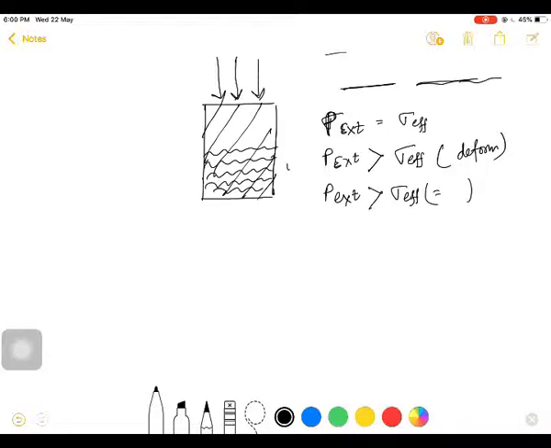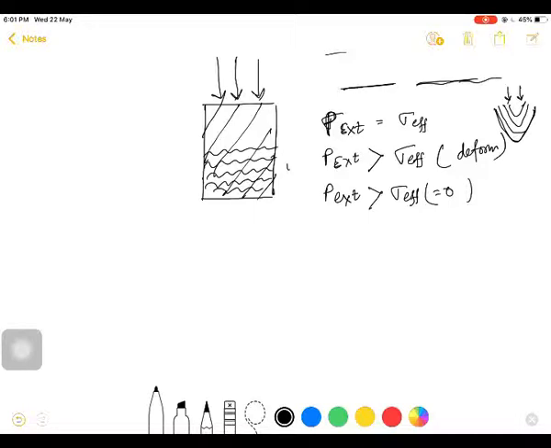Then what will happen? Applying your common sense, when you are applying load, the soil starts to deform gradually or very quickly. So in soil mechanics, this phenomenon is known as quicksand condition.